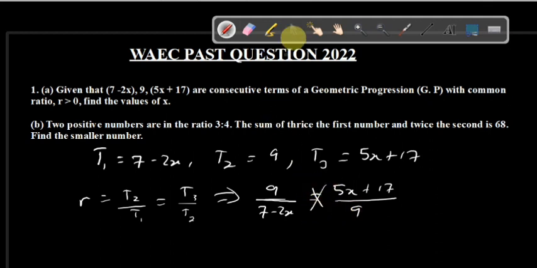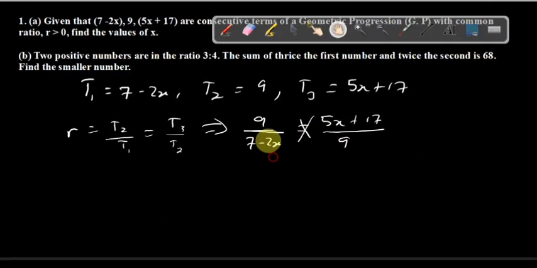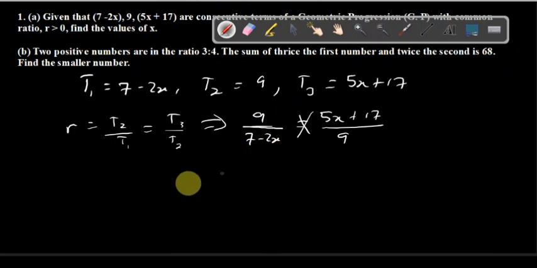Then we cross multiply. On cross multiplying, we're going to have 9 times 9, that's 81, is equal to 5x plus 17 times 7 minus 2x.